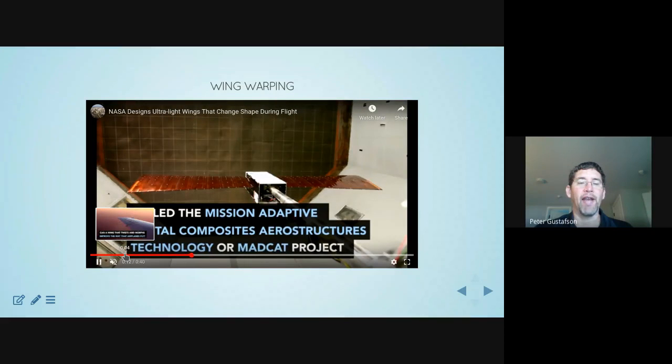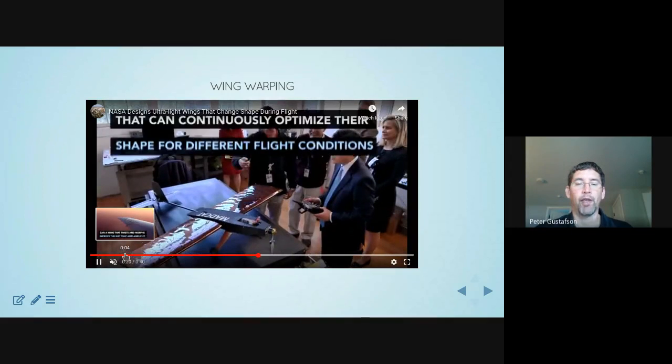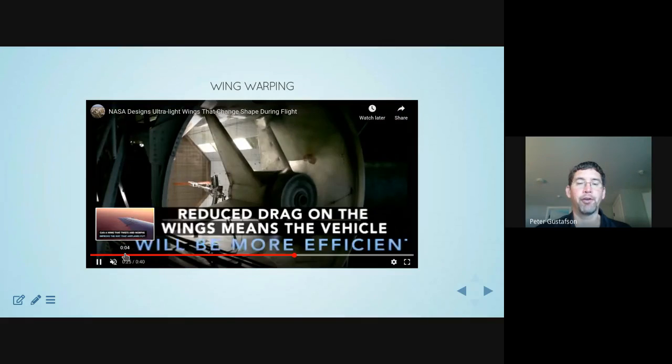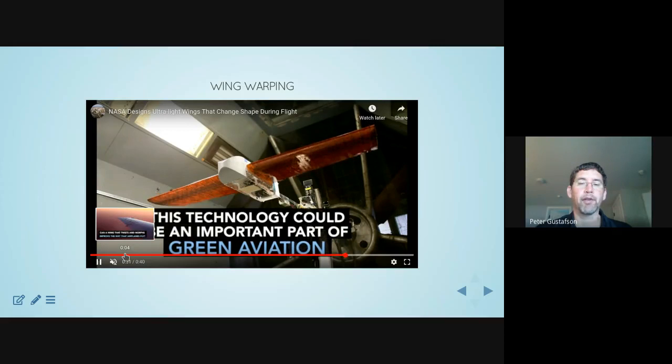There are some real advantages to being able to warp the wing, especially if you can warp it to quite a large degree. With modern control systems, modern actuators, modern materials, and modern design processes, we can go to a wing warping system.